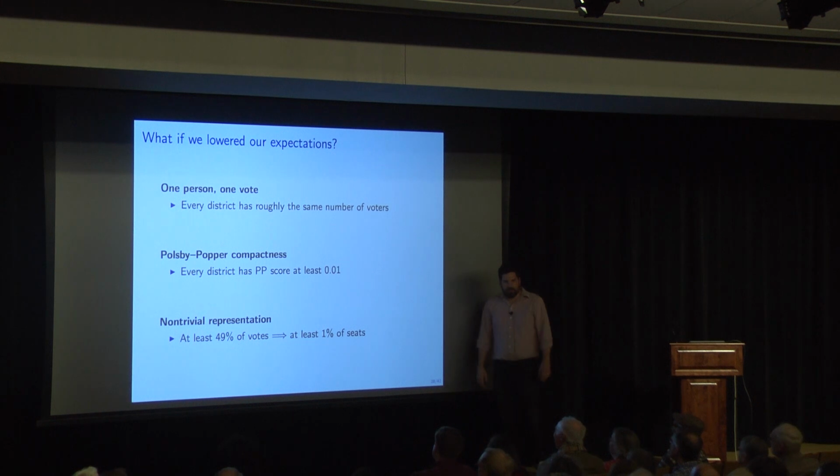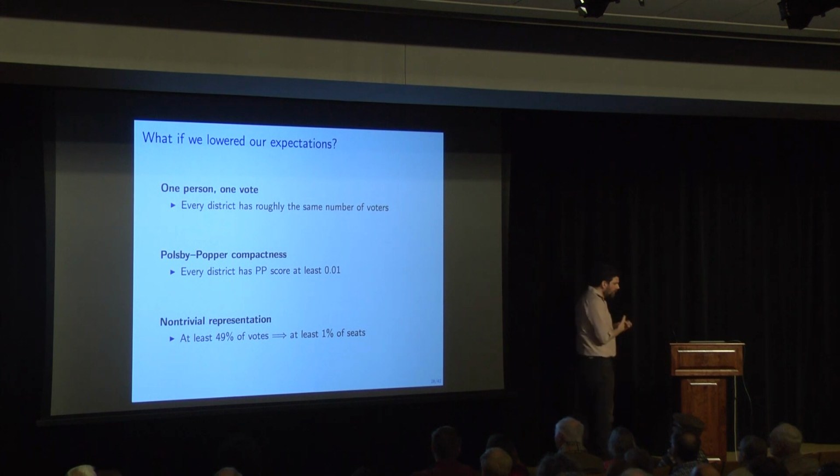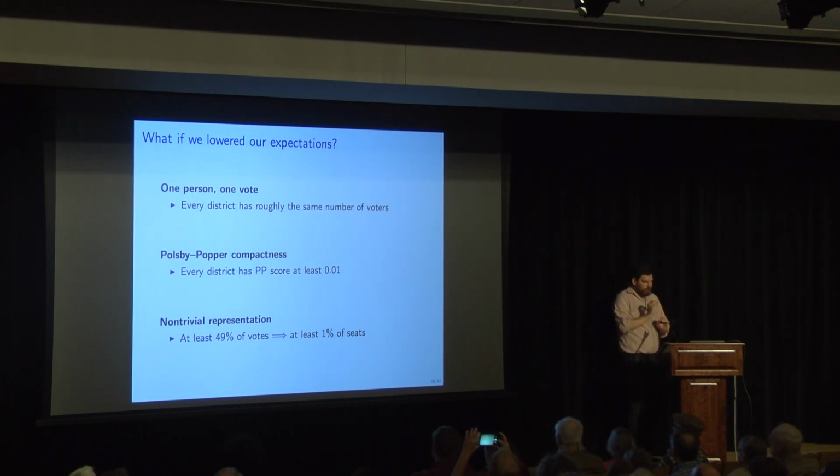Also, the Constitution says that the districts need to have the same number of people. So we're going to ask that the districts have roughly the same number of voters in them, okay? So I just did a move. Did you catch it? I started talking about people, and then I talked about voters. Those are different things, right?